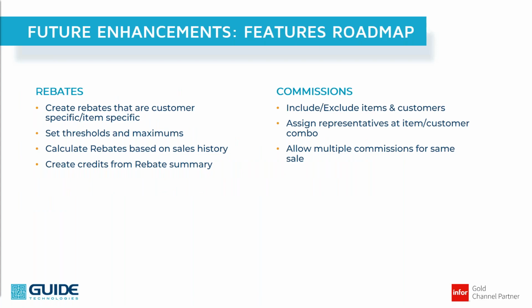For the future in a roadmap, we see two very obvious, useful, and much needed extensions to this product, which is using the same structure for rebates and for commission tracking. We're looking at the same files and the same information.